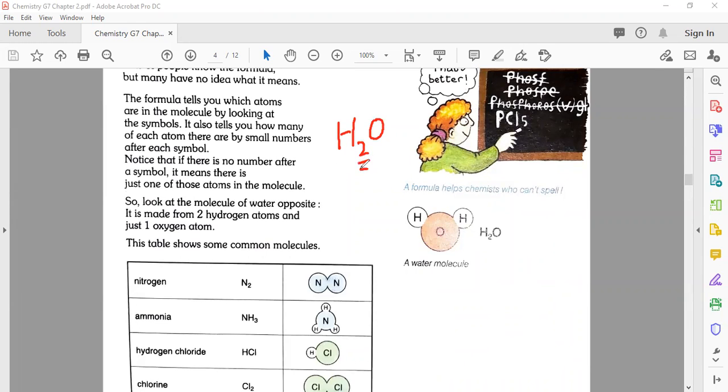This 2 means you have 2 atoms of hydrogen. Nothing with oxygen means 1. So this chemical formula tells us not only about the atoms, but also the number of atoms used in forming this molecule.